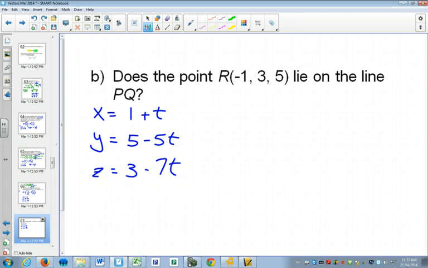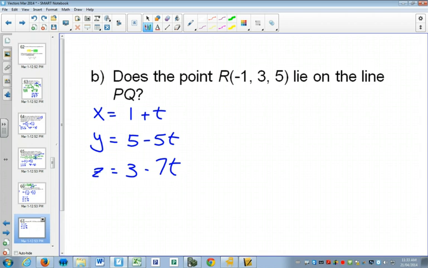And if the t-value is the same for the x, the y, and the z coordinate, then we know that that point could be gotten by moving along the line in that direction. If the t-value is different for any one of these coordinates, then that point isn't on the line.